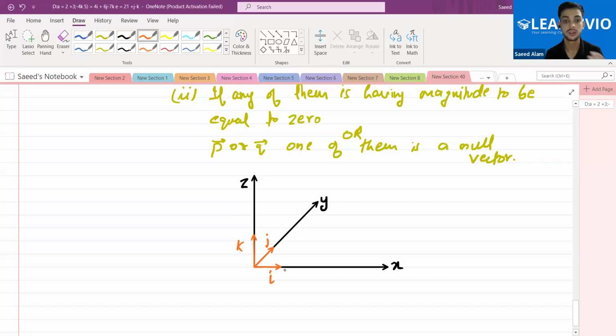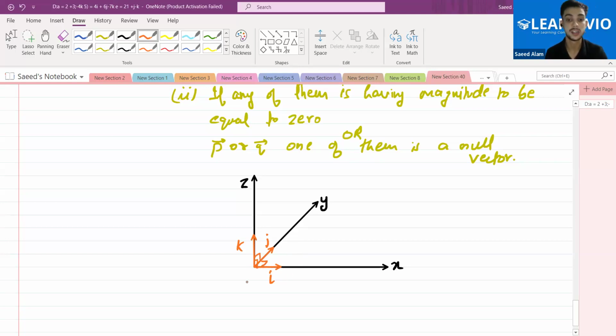Okay, understood? So these are the unit vectors that I have represented over here in the direction of I, in the direction of J, and in the direction of K. Can you tell me what is the angle between I and J? 90 degrees. What is the angle between I and K? 90 degrees. And what is the angle between K and J? 90 degrees, that is still the same.